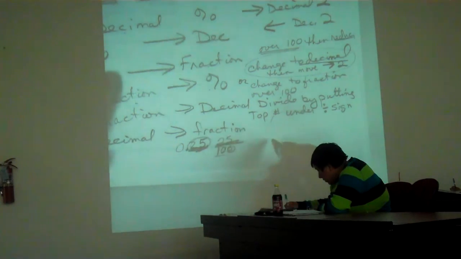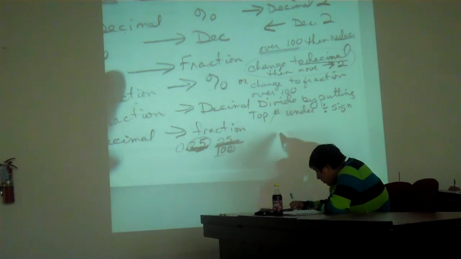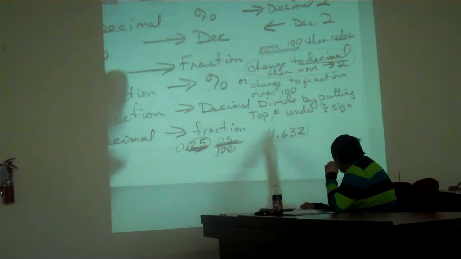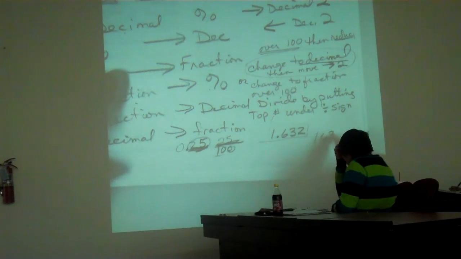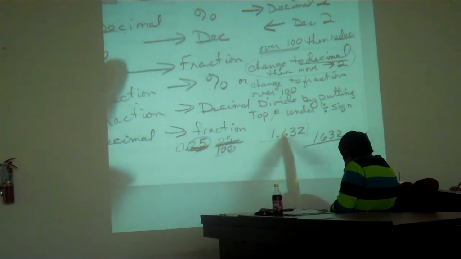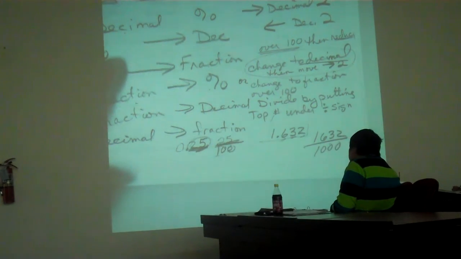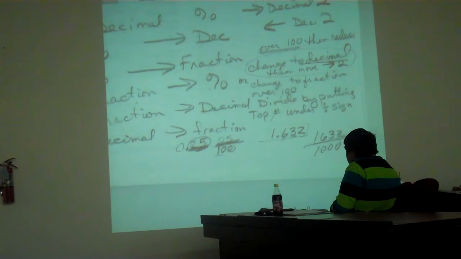So if you had a number like 1.632, you're going to put all those numbers, 1632, over 1000. Okay? That's how you change it from a decimal to a fraction.